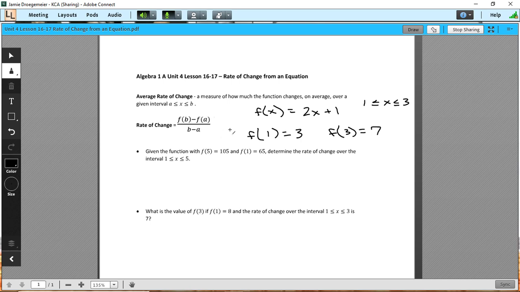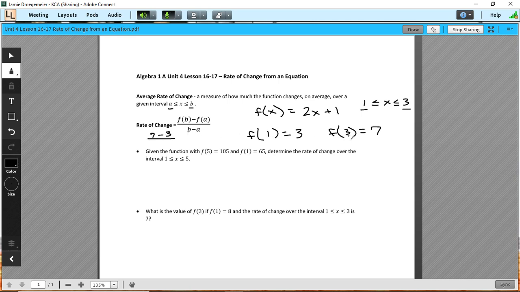Okay, and in our interval here, B was the last number, A was the first number. So here, 3 is going to represent B, 1 is going to represent A. Sometimes it's just getting through all of the code here that we've got to figure out what we're doing. So f of B in our formula is actually f of 3 here, which is 7. F of A is our f of 1, which we said is 3.